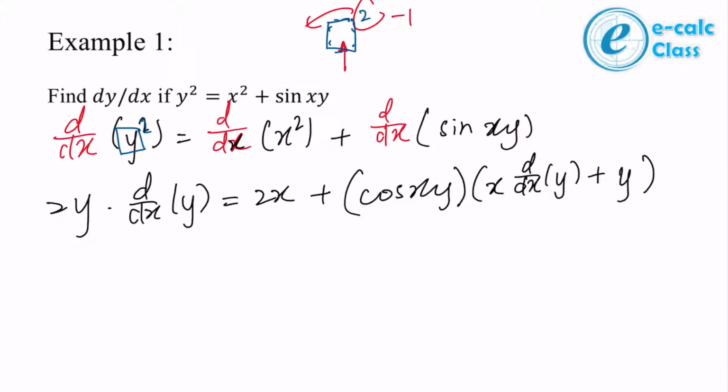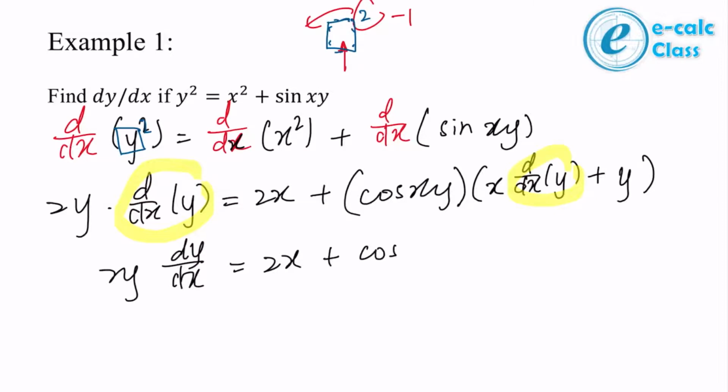I will tell you that this fella here and this fella here are the same, which is our friend dy dx. I mentioned in the first class, where we talked about the notation, d dx of y is equal to dy dx. And now, see magic here.